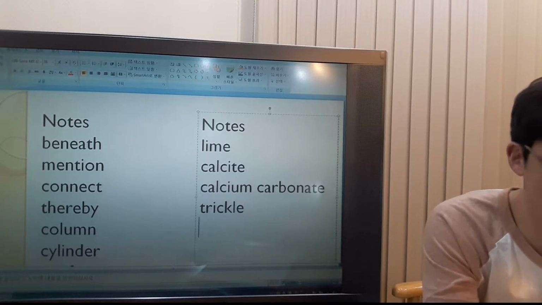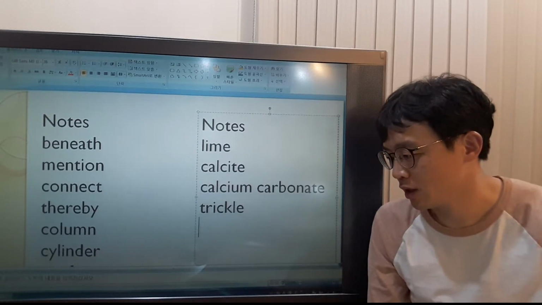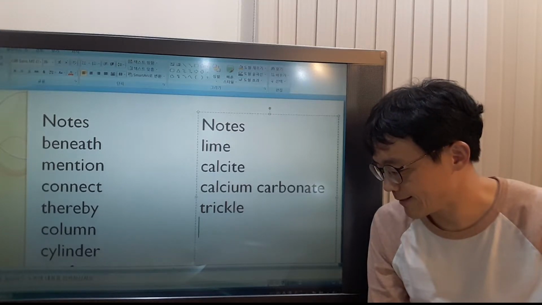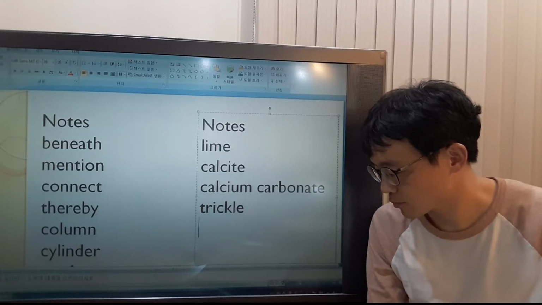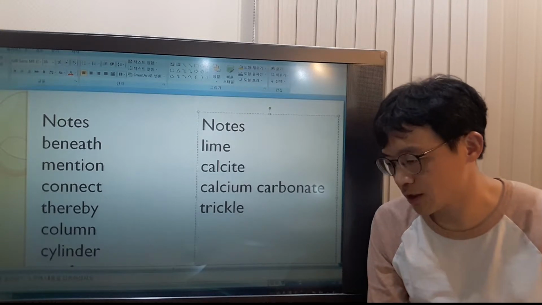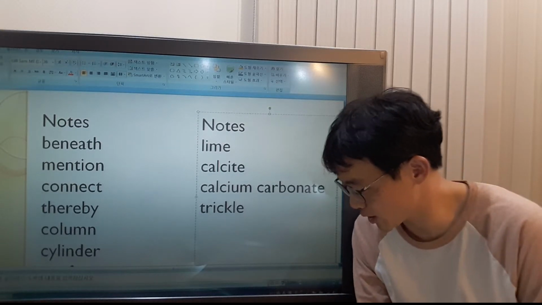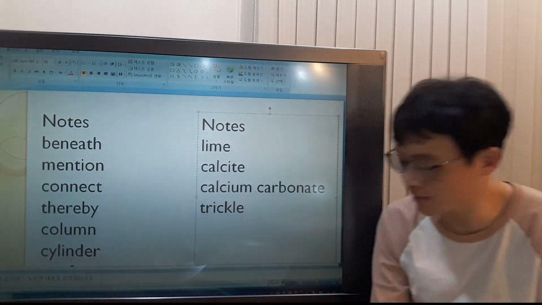Trickle means liquid flowing slowly, in a very small amount. That's trickling, okay? It picks up carbon dioxide.